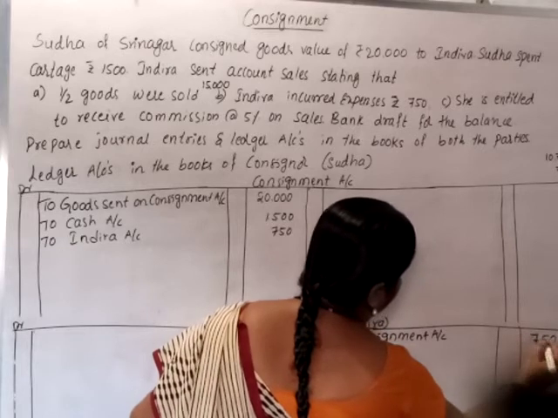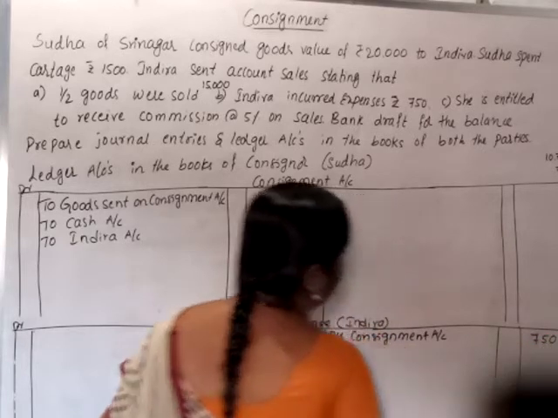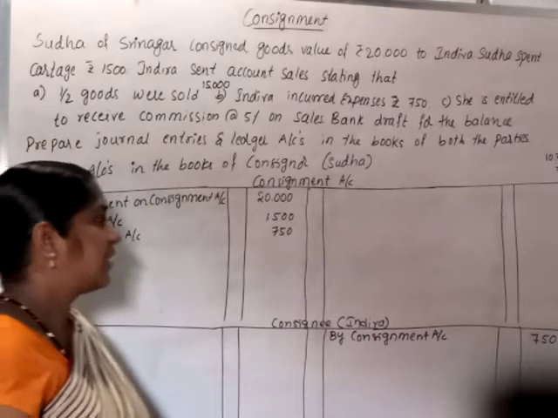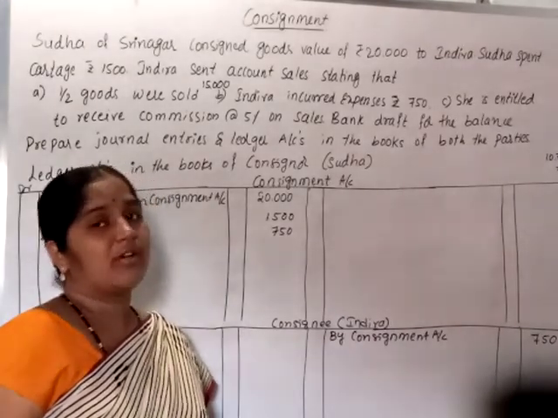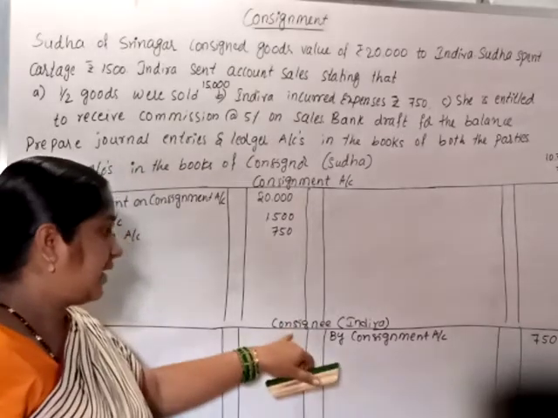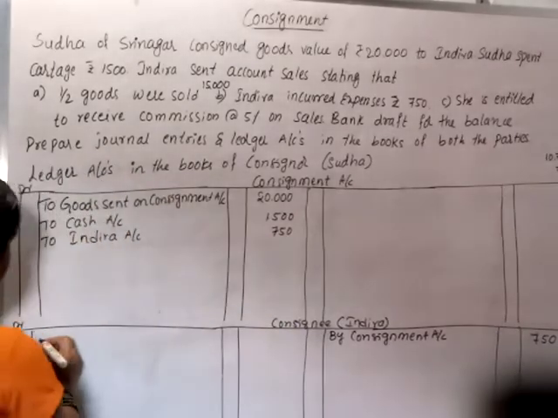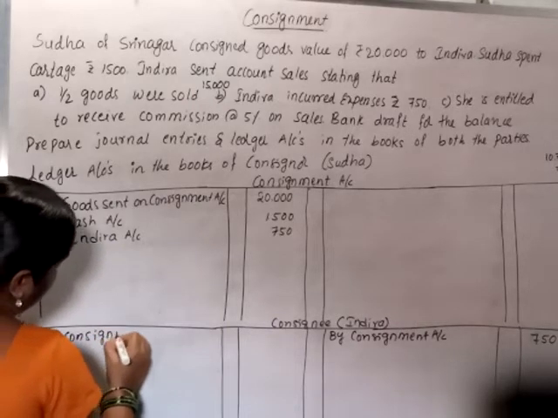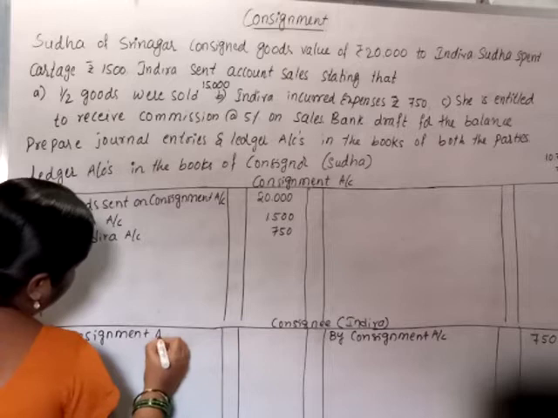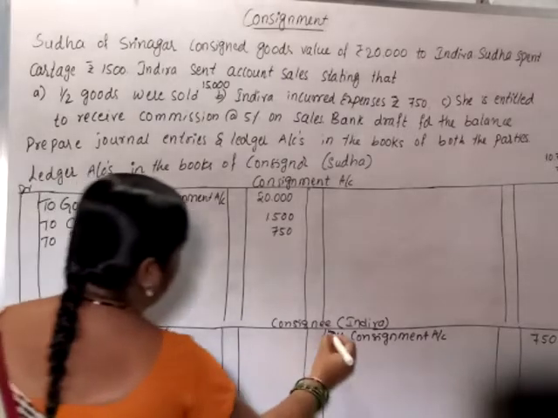Next one. For the sales entry is consignee account debit to consignment account. So consignee account we debited, no? So in consignee account debit side write as to consignment account.